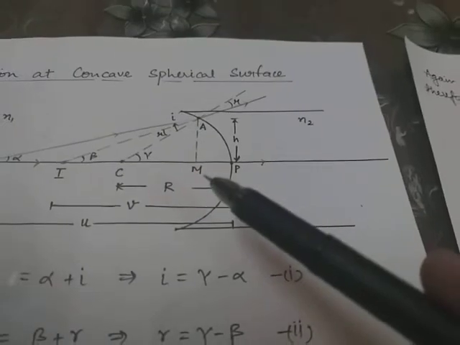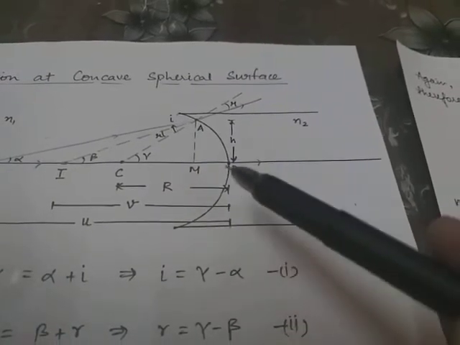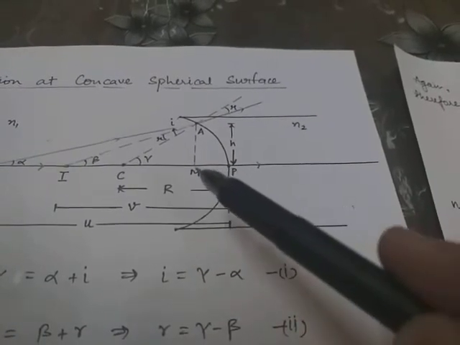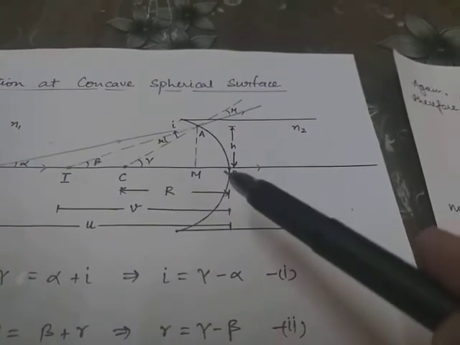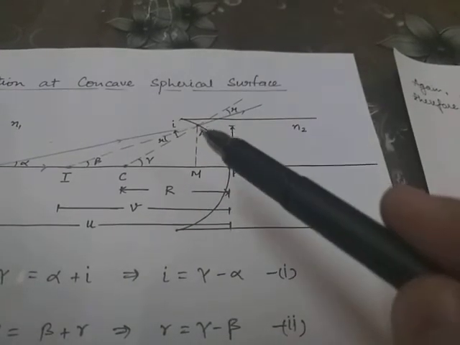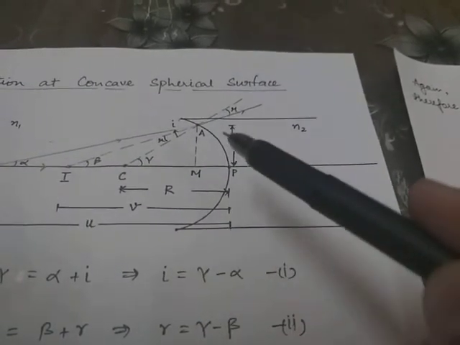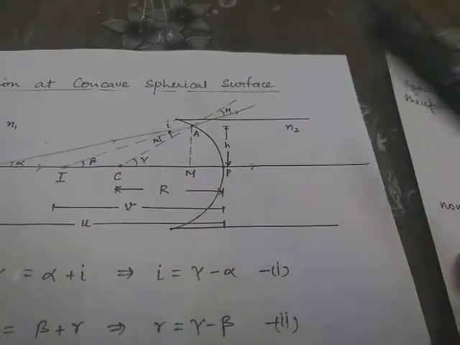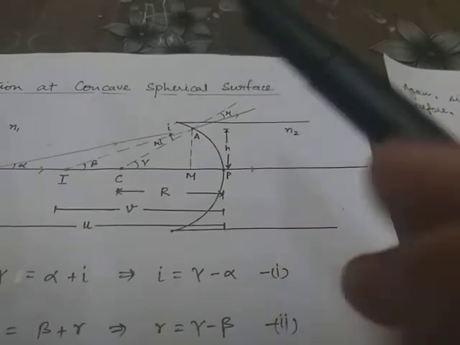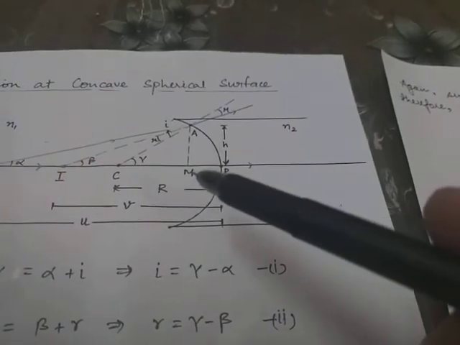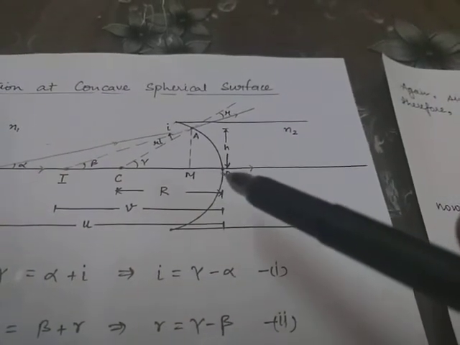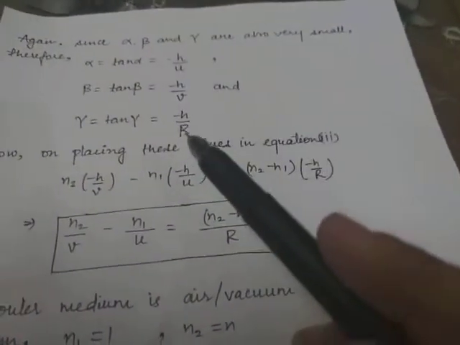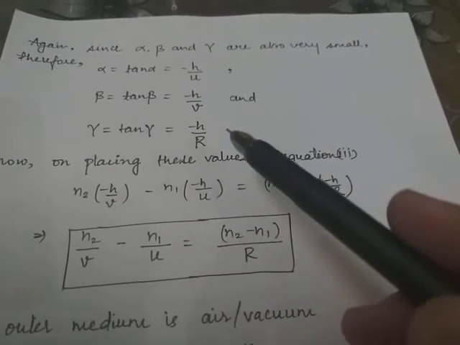Now in the diagram you can see all the distances are taken from P, but triangles are actually forming at M. So there is a gap between M and P, but we are also considering that the aperture of the concave surface is very small. Then M and P are really very close to each other. In such a case, all the distances measured from P can be considered to be measured from M. So again, tan gamma is equal to minus h upon r.